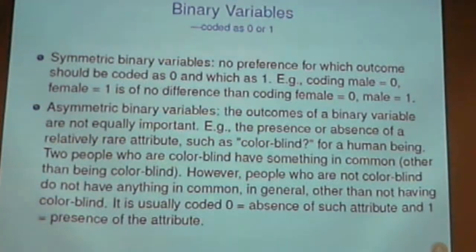Of course, I want to raise this up because later on, when you define this so-called Gower's distance, this plays one of the critical roles in calculating it. So this is for symmetrical types of binary variables or asymmetrical types of binary variables.